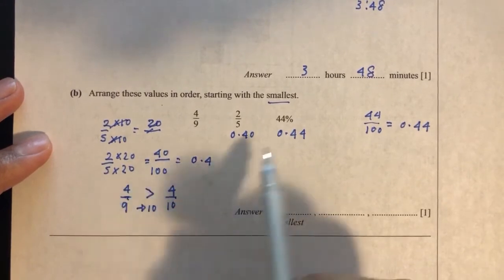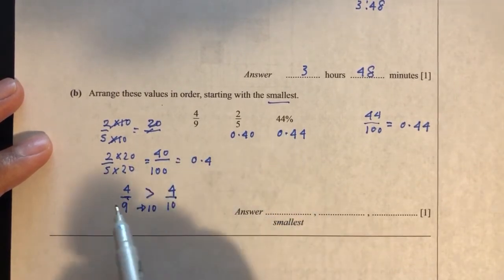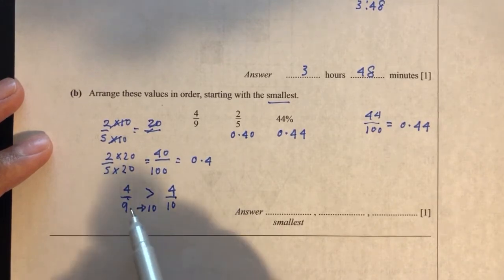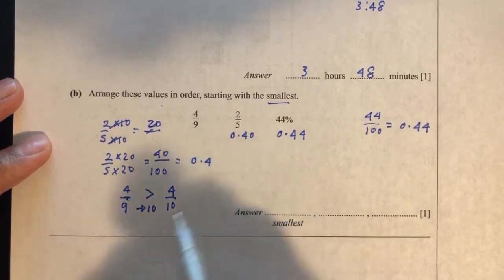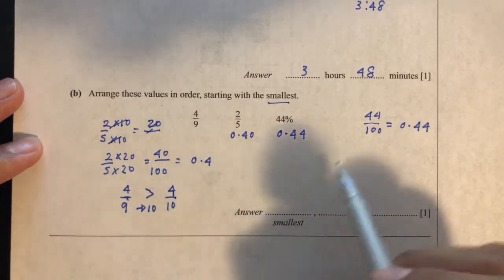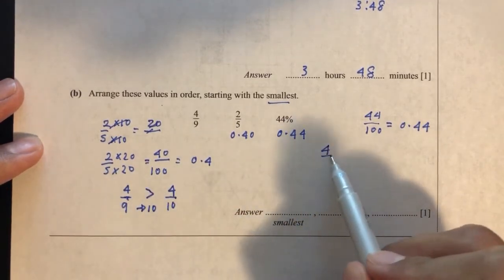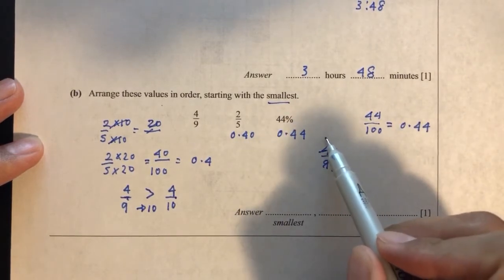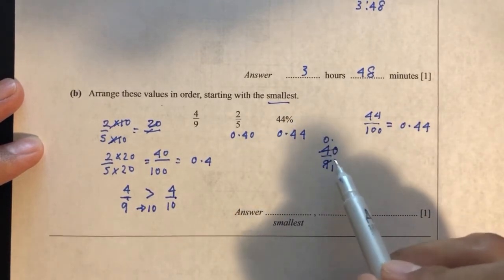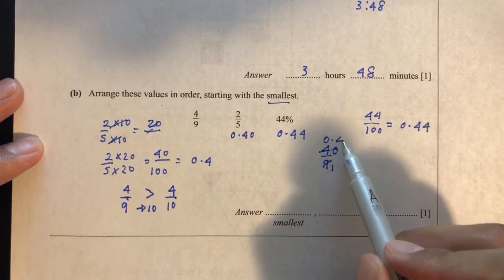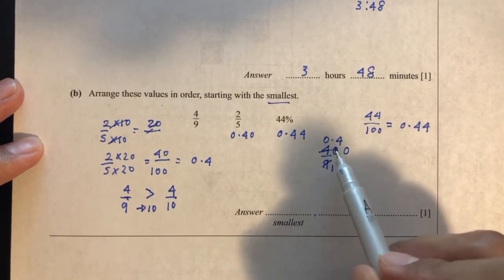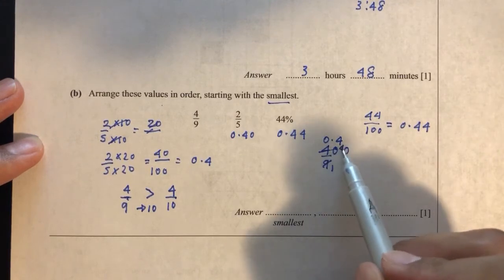So now, how about this one? Let's try to find the decimal. If we divide 4 by 9, let's do it here. We have 0 point, 4, and 9 times 4 is 36, and 4 is remaining as well.